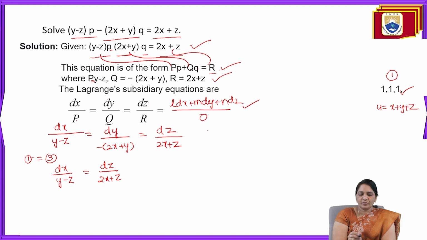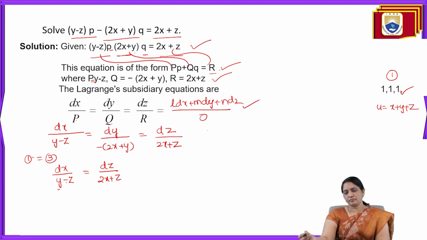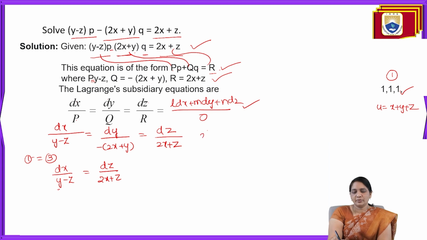Now I am going to replace the value of y. Here I already know the first solution, that is x plus y plus z equal to u. So I can take this value as some constant. So I am taking this one as x plus y plus z equal to a. Based on this I can write the y value, that is a minus x minus z.